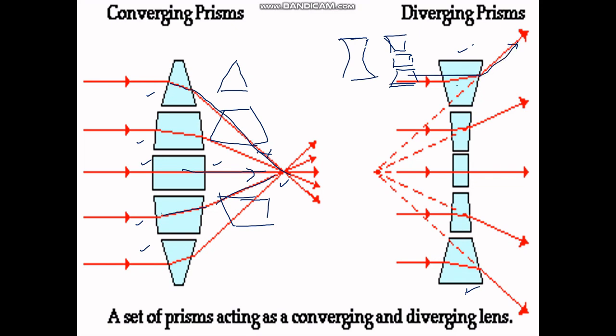That means it moves upward. Identically here also it moves towards the base. That means downwards. And this light which is passing through the slab is going straight. So they appear to diverge from this point.